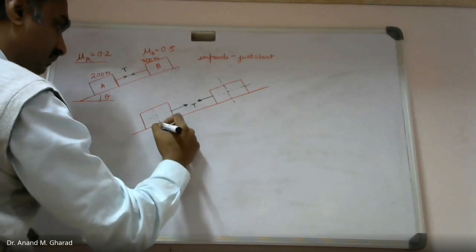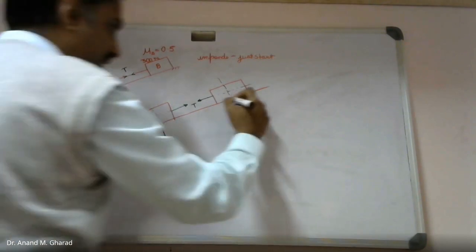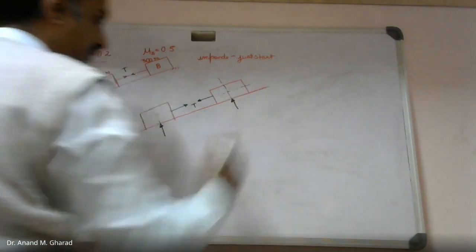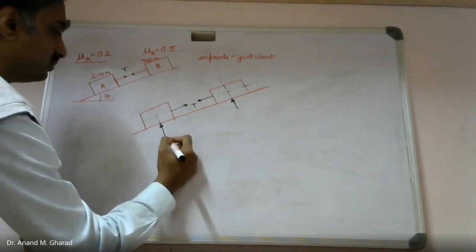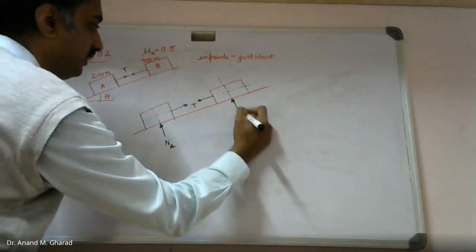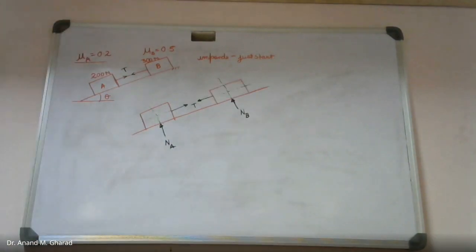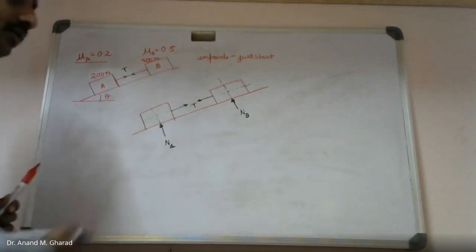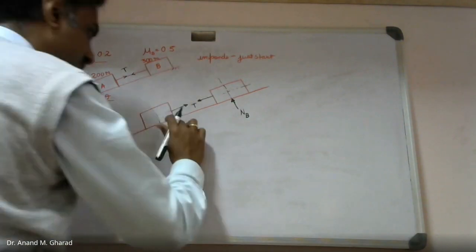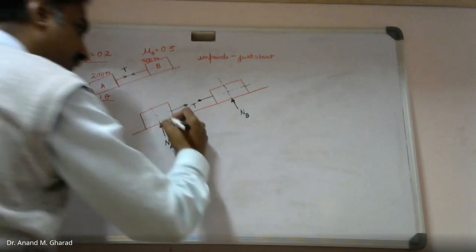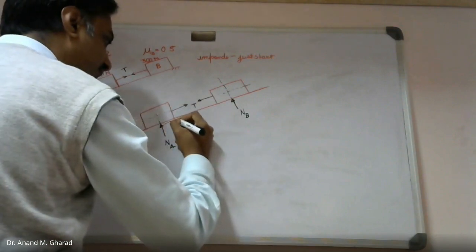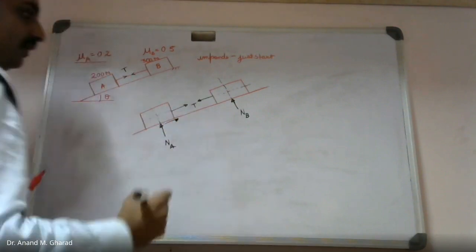Then there will be normal reactions, correct? Here it will be the normal reaction. Let me call this NA and this NB. Since the blocks are moving in the downward direction, the frictional resistance in both cases will be upward, correct?